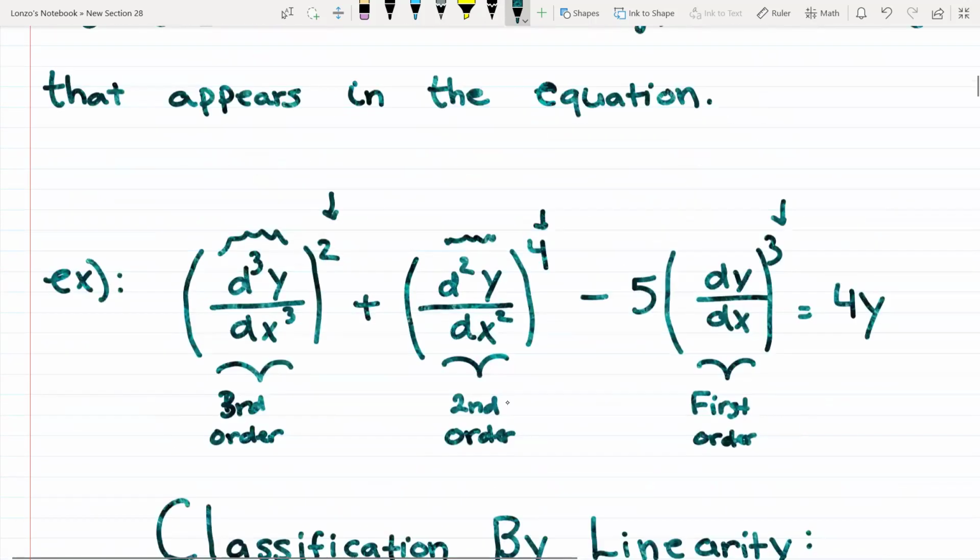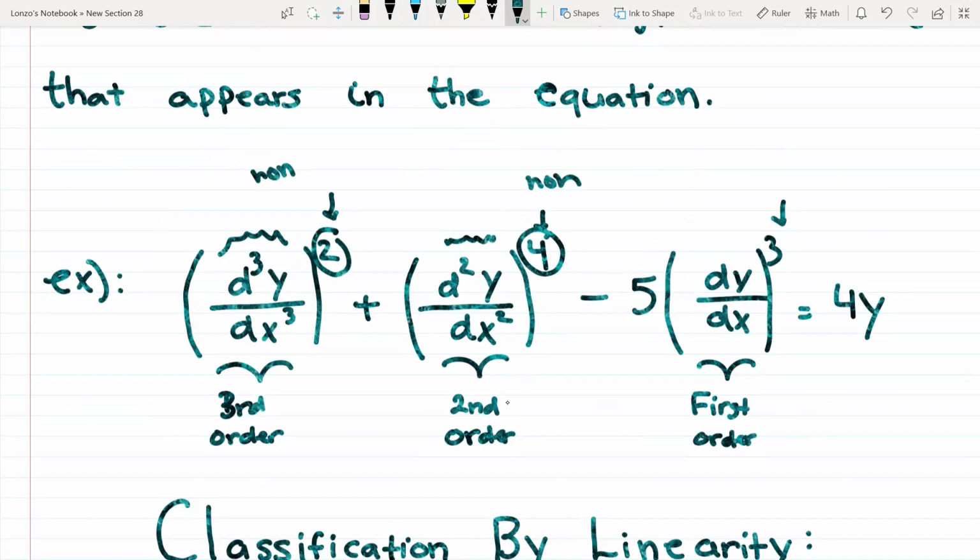Coming back to the earlier examples, none of these are linear because each has to be raised to the power of 1. This one is to the power of 2, so it is nonlinear. This one is raised to the power of 4, so it is nonlinear.